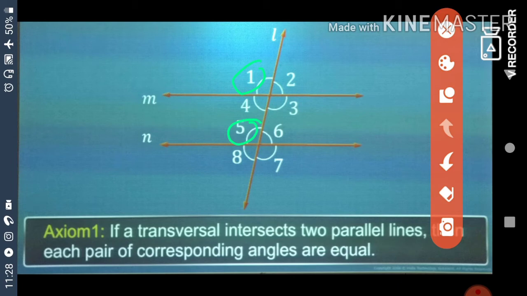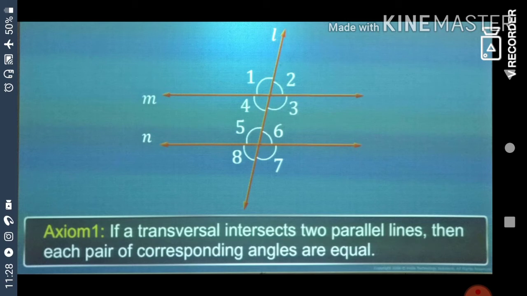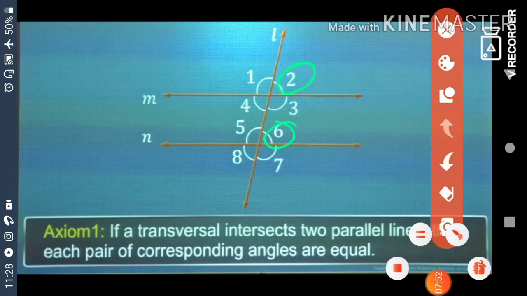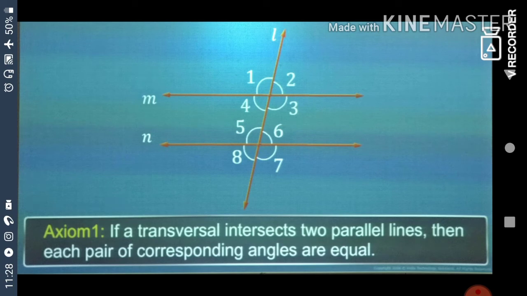What it says is they will be equal according to axiom 1. In the same way, this 2 and this 6 will also be equal, because they are corresponding angles. But remember, here we are talking about parallel lines. M and N are parallel lines. In previous examples which we have learned, M and N were not parallel lines, so there they were corresponding but not equal.